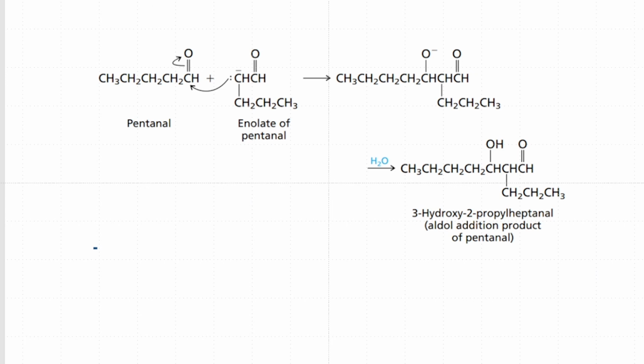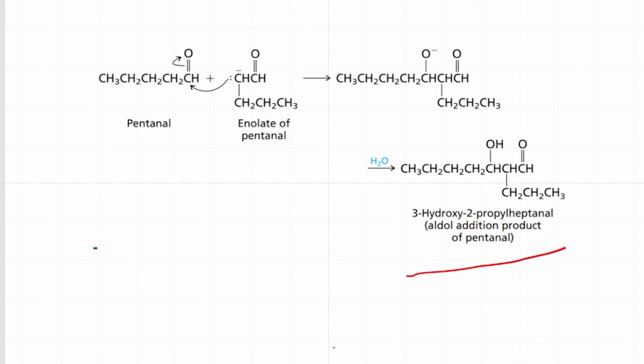The enolate of pentanal can attack the carbonyl of another pentanal and produce this kind of intermediate. And then this intermediate can pick up a proton to give you 3-hydroxy-2-propylheptanal. So this product here is the aldol addition product of pentanal.